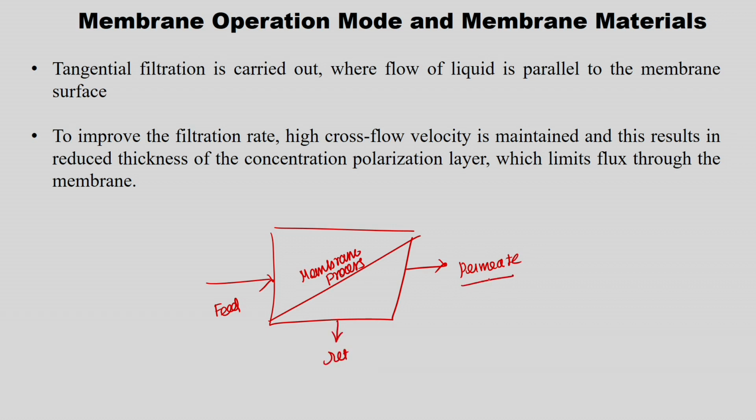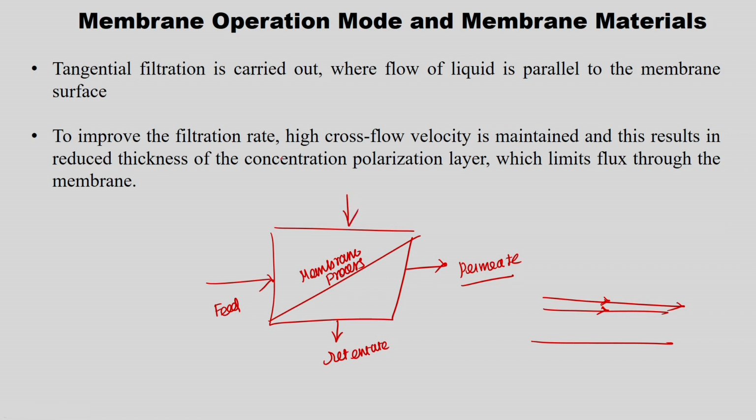Permeate is what passes through the membrane, retentate is what gets retained by the membrane. The filtration is carried out where the flow of feed is parallel to the membrane. For example, if you have a membrane module like this, your flow of feed is also in the same direction, parallel to the membrane. This is a parallel line. The cross flow of permeate is perpendicular to the membrane surface.